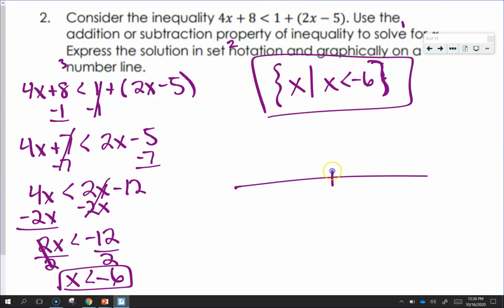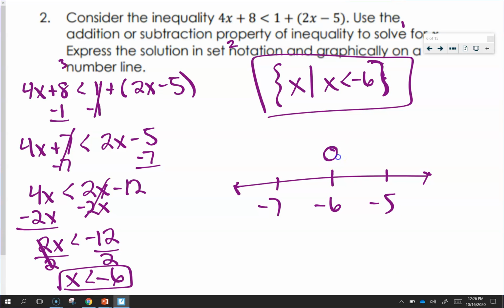Now let's draw my graph. So we have negative 6 is needed. It's always a good idea to do one below and one above. What kind of dot am I going to give negative 6? Is it going to be open or closed? How do you know it's going to be open? Because it's not equal to.